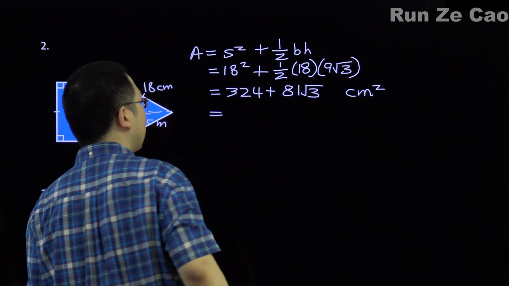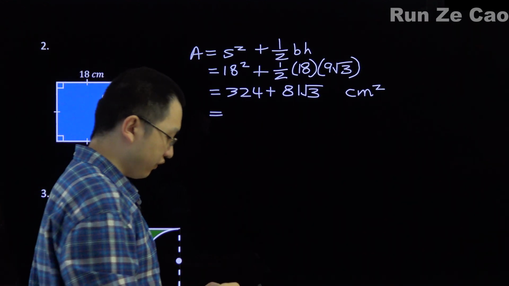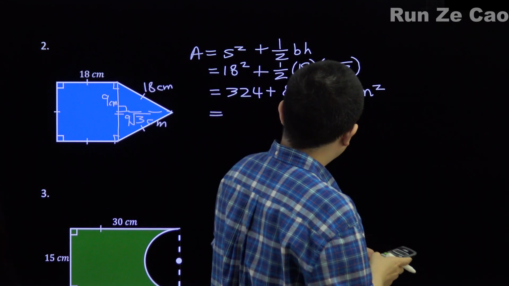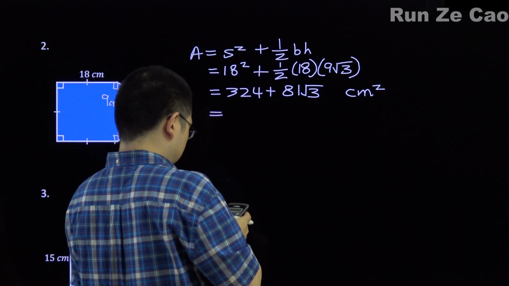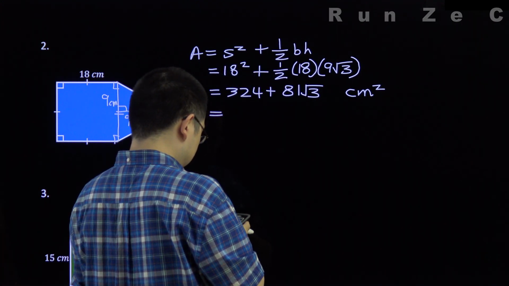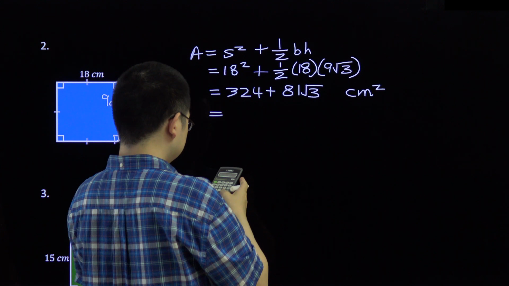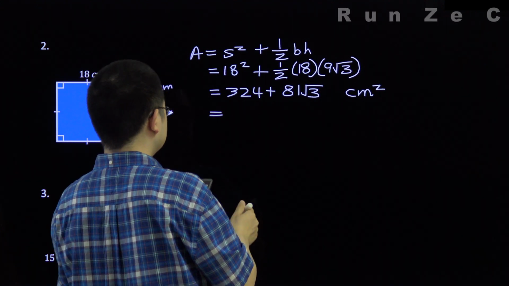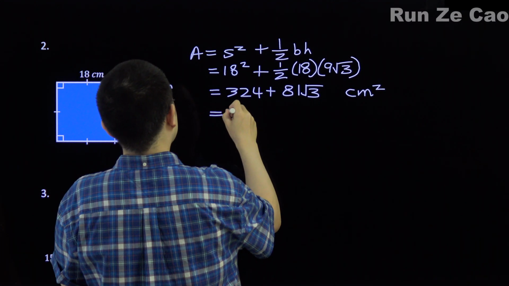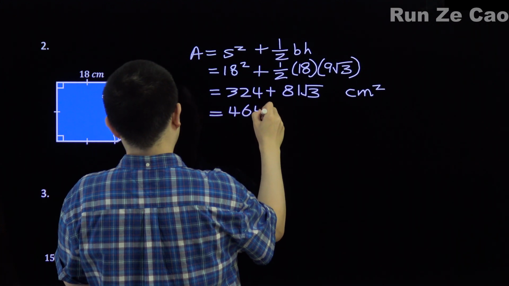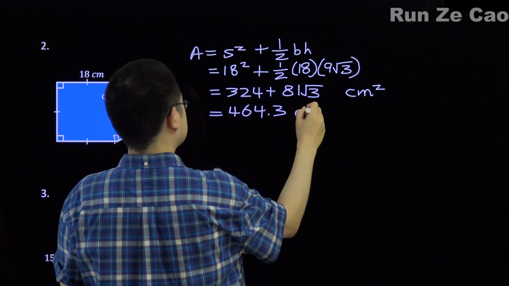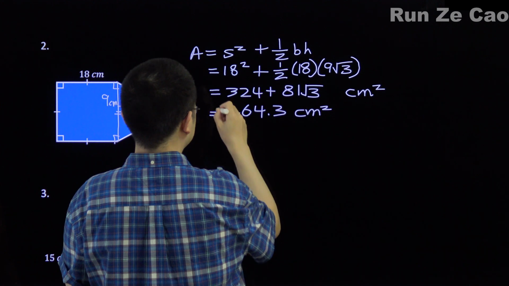We don't want that. We want round to the nearest tenth if necessary. So root 3 times 81 plus 324, 464.3 centimeters squared.